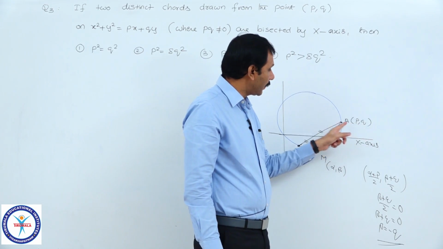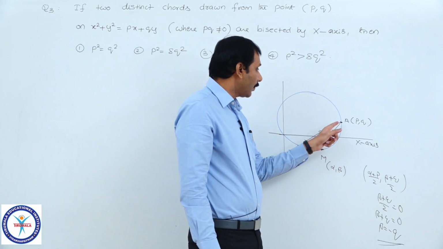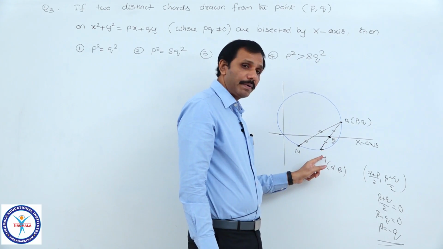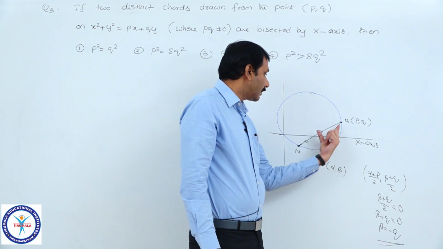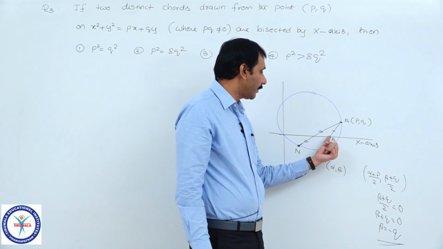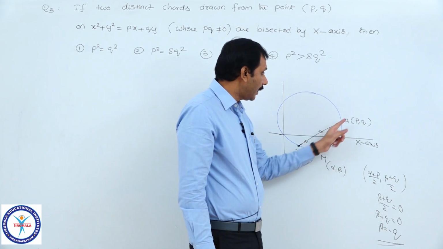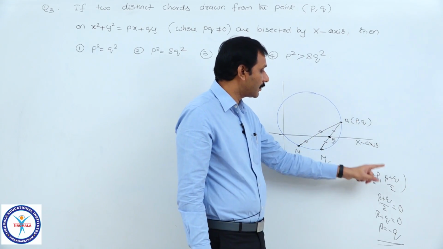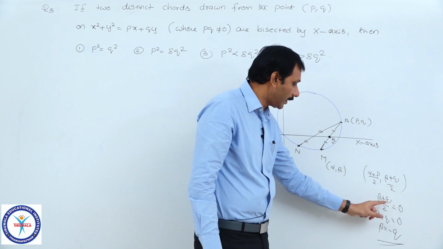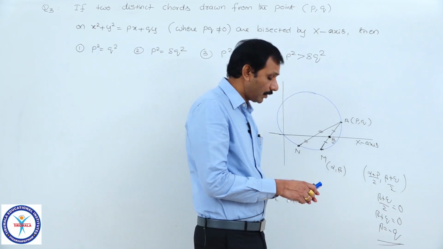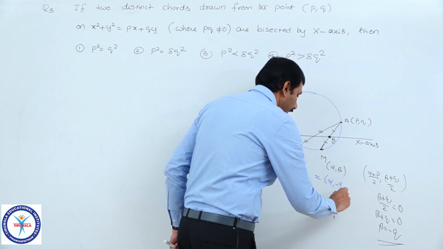From A, P comma Q, chords are drawn which are bisected by x-axis. Suppose I take other end of the chord capital M whose coordinates are alpha comma beta. Since this is bisected by x-axis, midpoint of this one should lie on x-axis. Midpoint alpha plus p by 2 comma beta plus q by 2, because it is on x-axis, y coordinate equal to 0, beta equal to minus q. Therefore, this point will become alpha comma minus q.